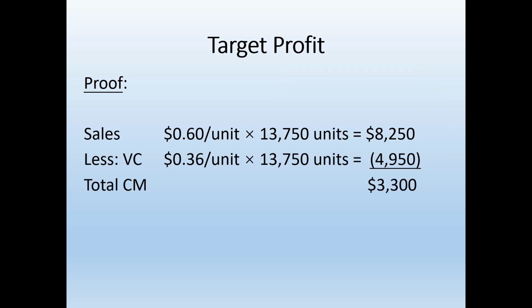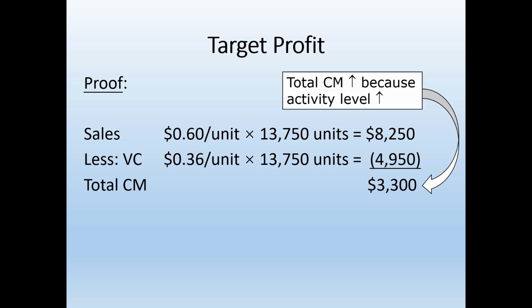The total sales revenue minus the total variable costs gives us the total contribution margin. In other words, if we sell this number of units and each unit covers its own variable cost and contributes something to the firm, we will end up with $3,300 of contribution margin.